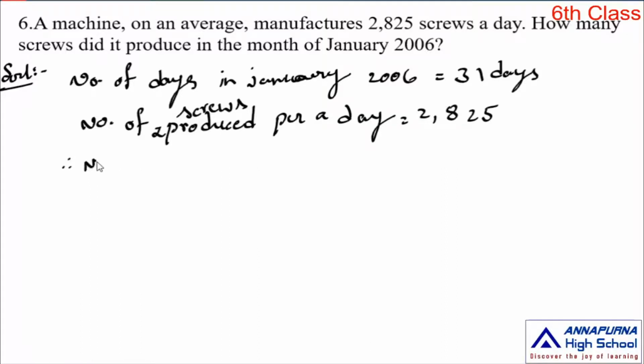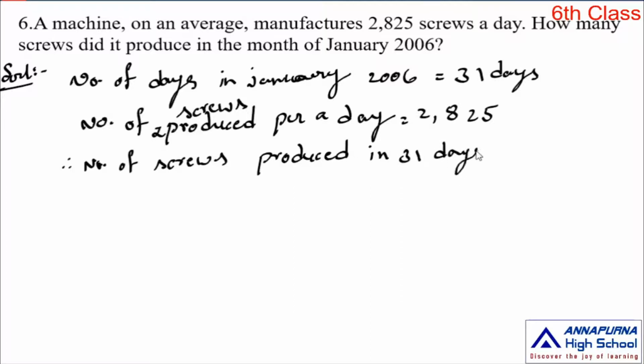How many screws were produced in 31 days? When we multiply 2,825 by the number of days, that is 31 days, we get the answer.